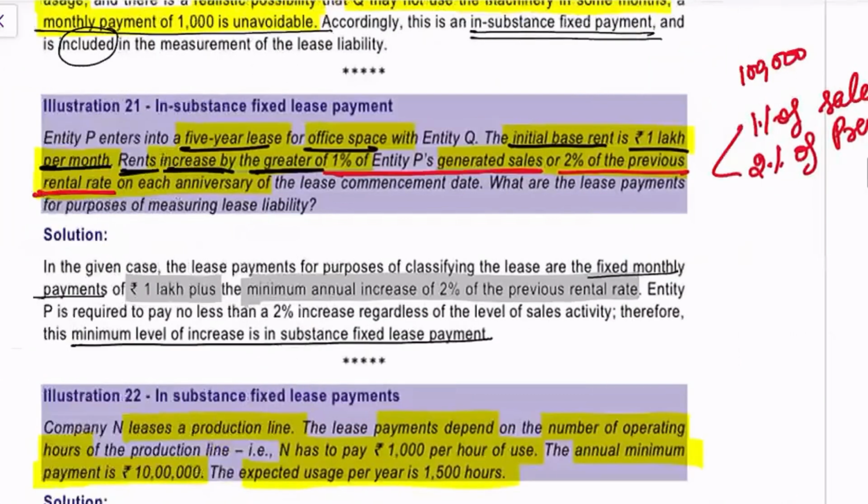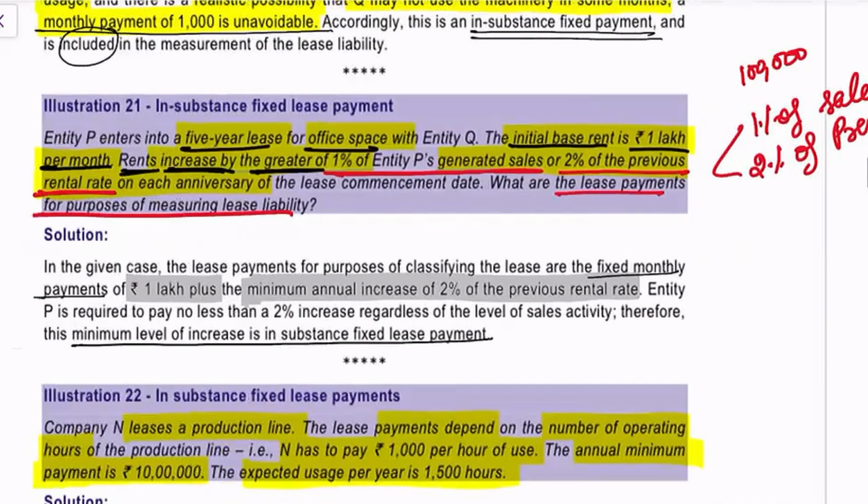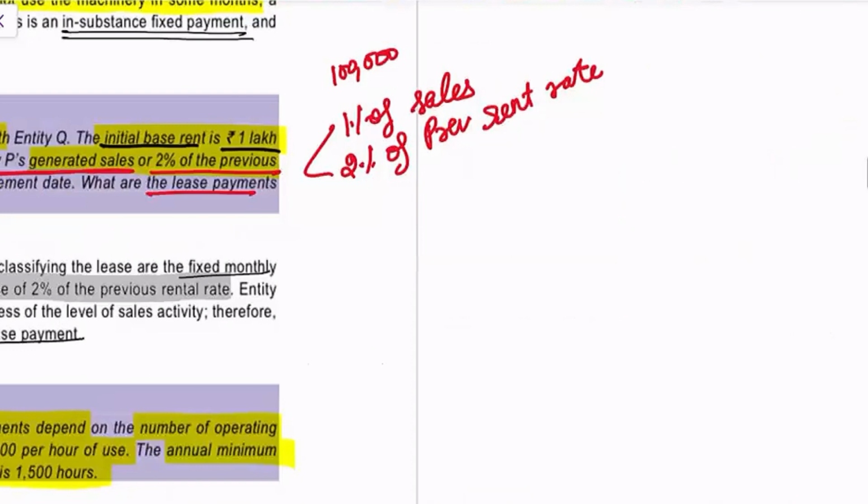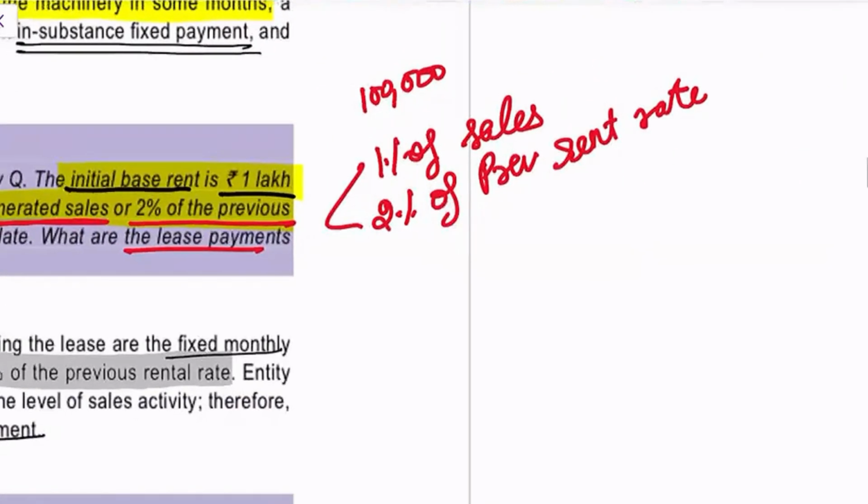So here they are asking, what are the lease payments for the purpose of measuring the lease liability? Measuring the lease liability is nothing but the present value of lease payments. Which one are you going to take into consideration? I've already told you, whenever we are talking about a variable increase, you will only take such a rate which is dependent on either an index or a rate.